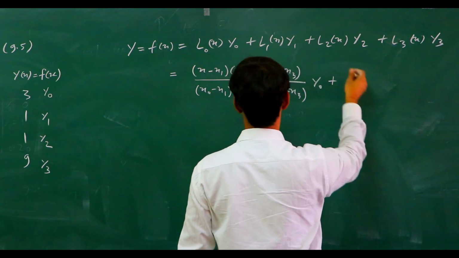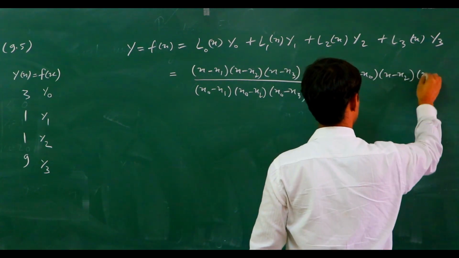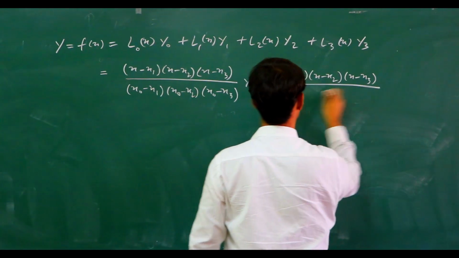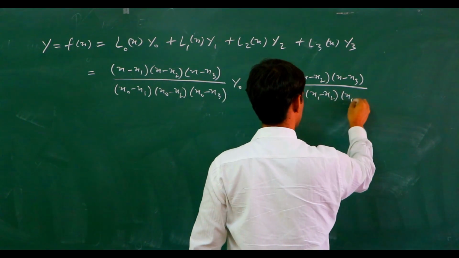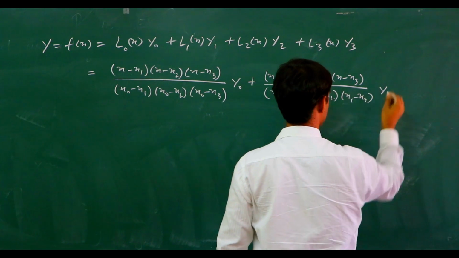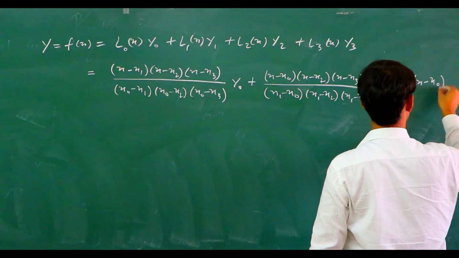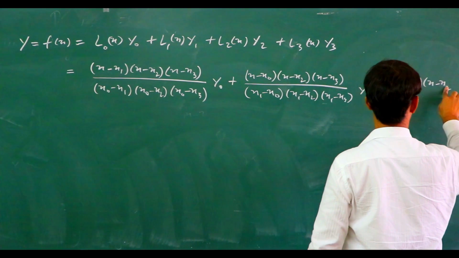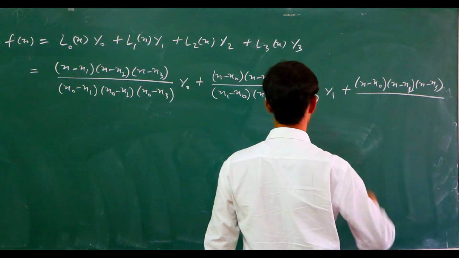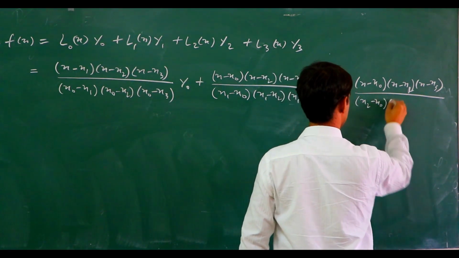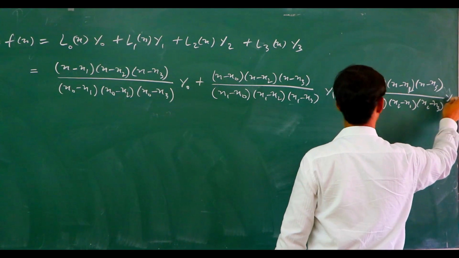Similarly we write L1(x) as (x minus x0)(x minus x2)(x minus x3) divided by (x1 minus x0)(x1 minus x2)(x1 minus x3), times y1, plus the third term, (x minus x0)(x minus x1)(x minus x3) divided by (x2 minus x0)(x2 minus x1)(x2 minus x3), into y2.